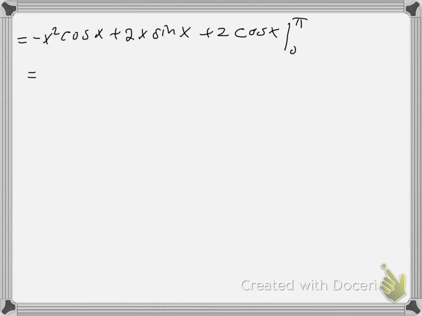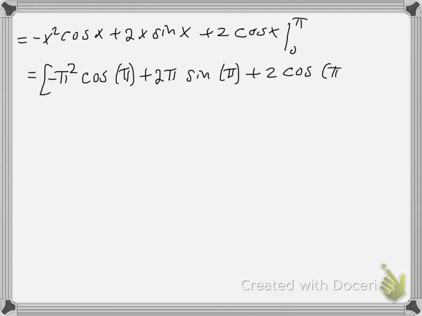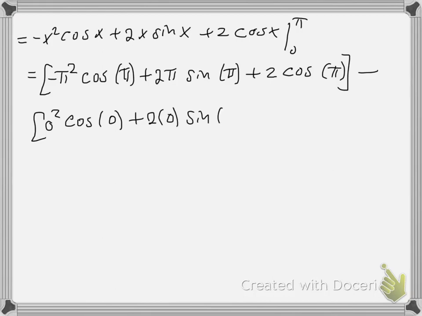Now using the fundamental theorem, I'm going to get negative pi squared cosine of pi plus 2 pi sine of pi plus 2 cosine of pi minus, of course, 0 squared cosine of 0 plus 2 times 0 sine of 0 plus 2 cosine 0.